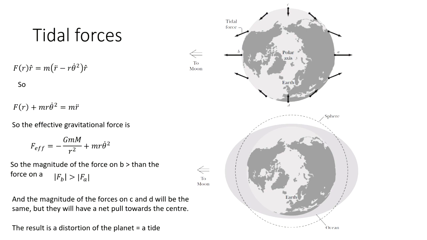It turns out that the easiest thing to distort is, of course, the water. So this water gets pushed around a little bit, caused by the moon, and that's what causes tides. So it's the result of a distortion of the planet, the result of the tiny differences of these forces throughout the surface of the Earth.